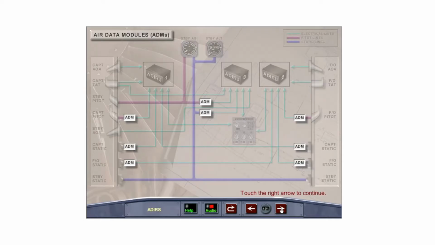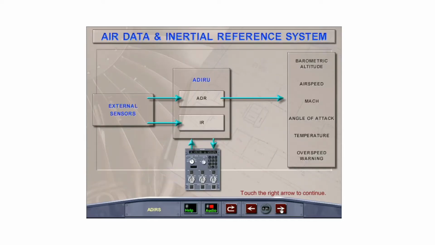Eight air data modules, or ADMs, convert the pneumatic data from the pitot probes and static ports to digital data. The air data reference section of each air data and inertial reference unit supplies the various aircraft computers with data on the barometric altitude, airspeed, Mach, angle of attack, temperature, and overspeed warnings.